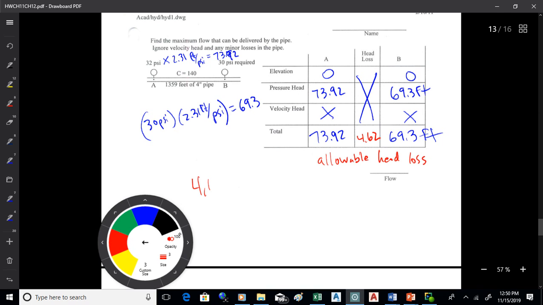If we take 4.62, the allowable head loss, and divide by 13.59, we get 0.34. That is the allowable head loss per 100.